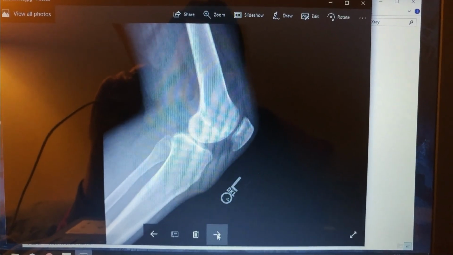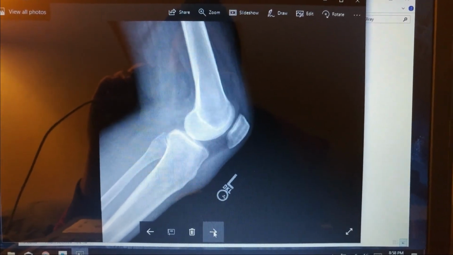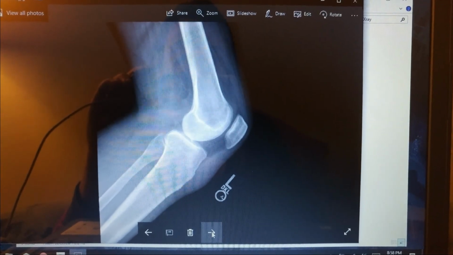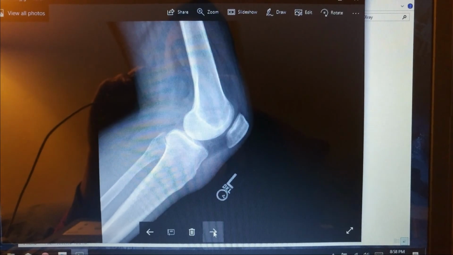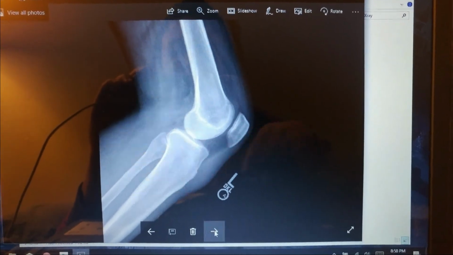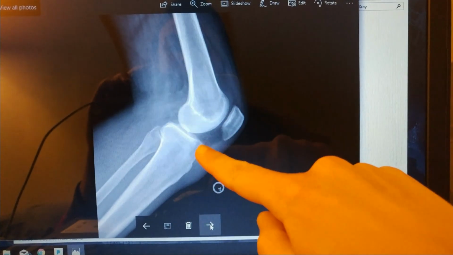There is a tube angle on this every single time on every single person. It's 5 to 7 degrees cephalad, and that basically just gets the medial condyle kind of out of the way, and you can see more of the joint space in between.